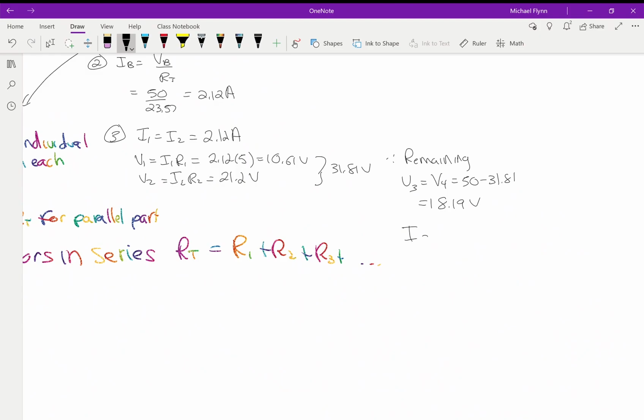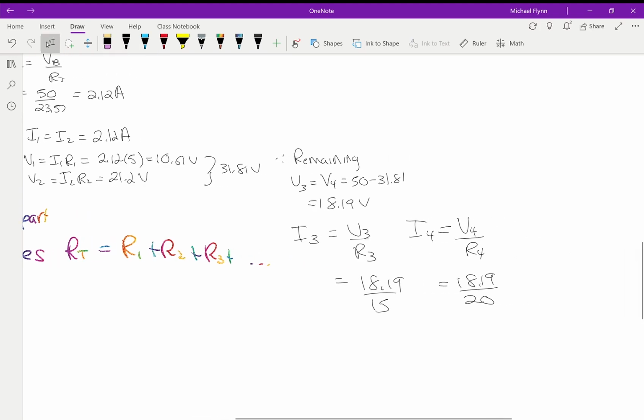Now that we found those two missing voltages, what we're going to do is find the two missing currents. So I3 will equal V3 over R3, which is equal to 18.19 divided by 15. And I4 will equal V4 divided by R4, which is equal to 18.19 divided by 20.